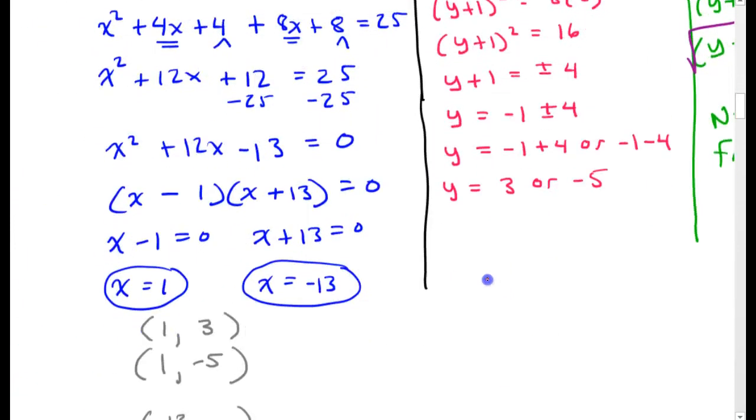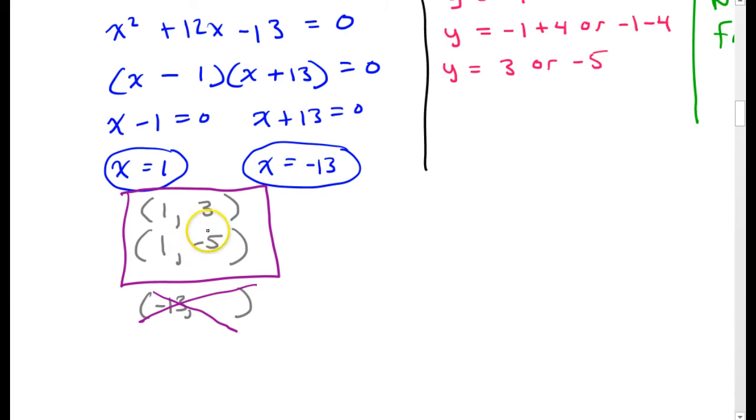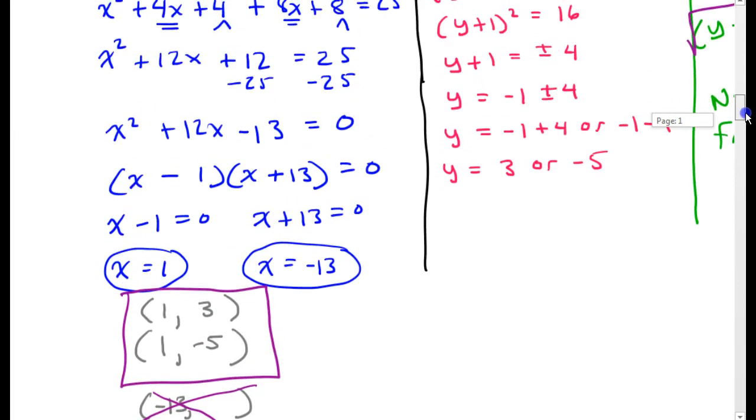So that means that as I was building my solution set down here, I had this negative 13 that I thought might give me solutions, but it doesn't. So this is my complete solution set right here. All right, these are the only 2 points of intersection. So let's take a peek at desmos.com and see how this system looks.